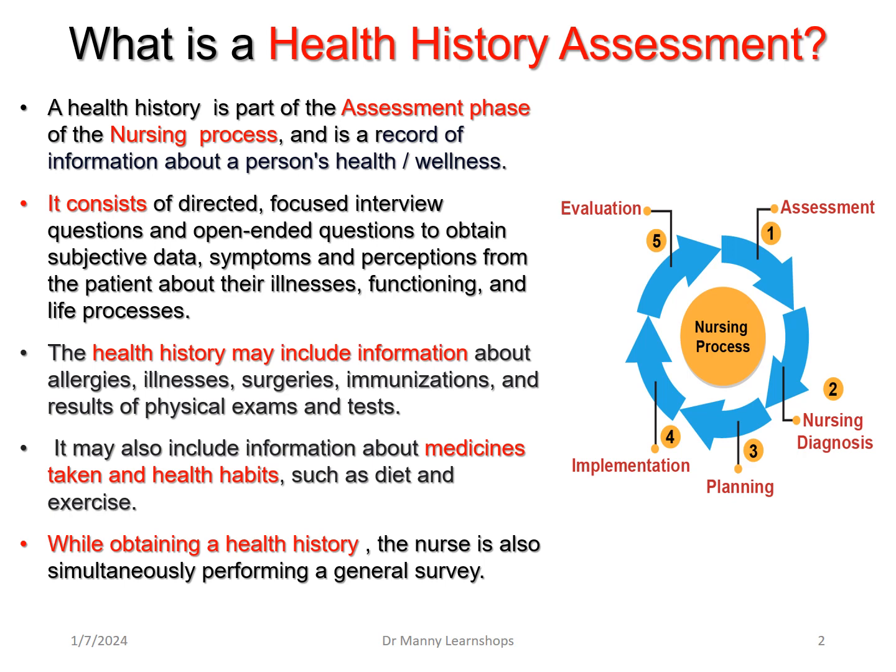But it can also include information about medications and their health habits, which include things like diet and whether they get exercise. It's also important from a nurse's perspective that when obtaining a health history, it's typically done simultaneously when performing a general survey, which we will discuss.